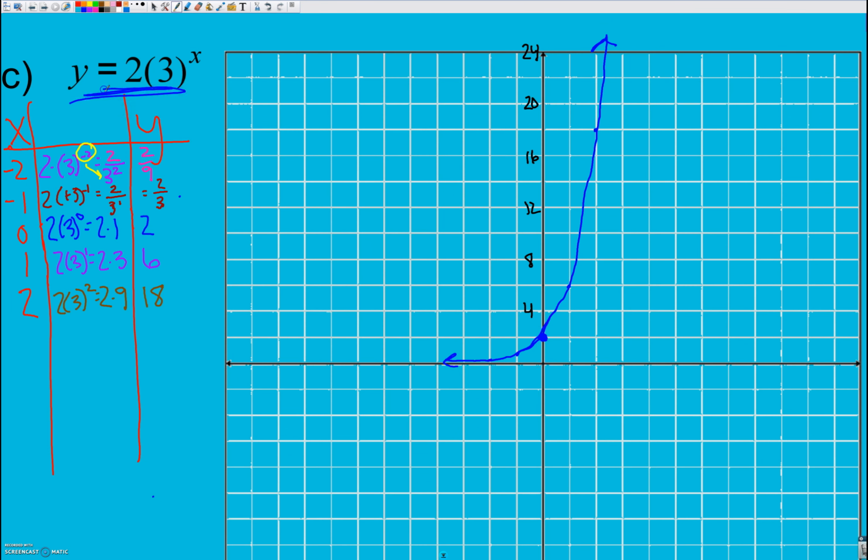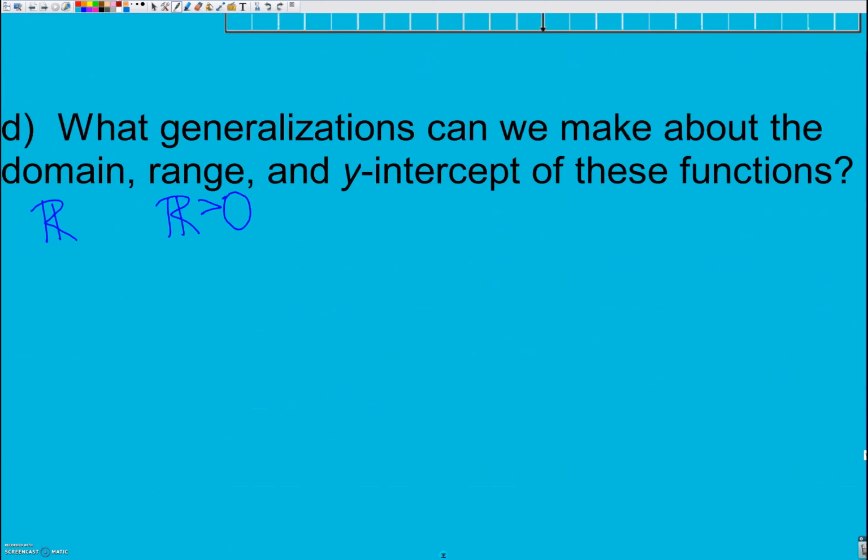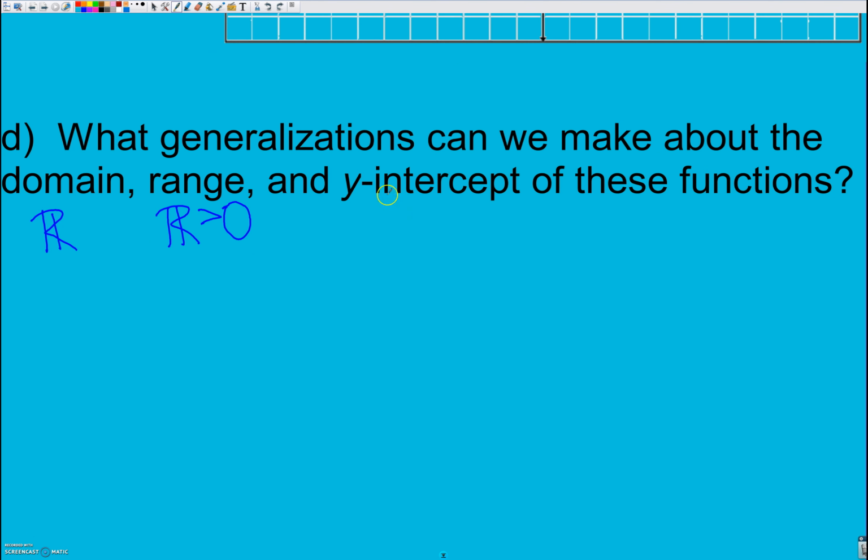And here's our function. So our y-intercept is always going to be our a value. Y-intercept is our a value.